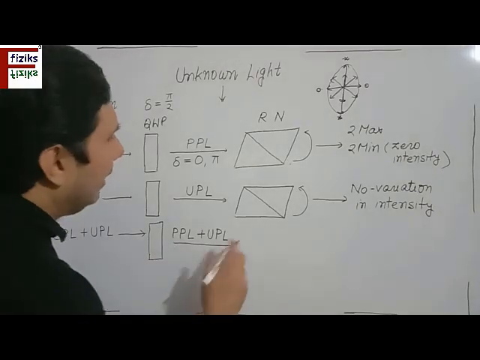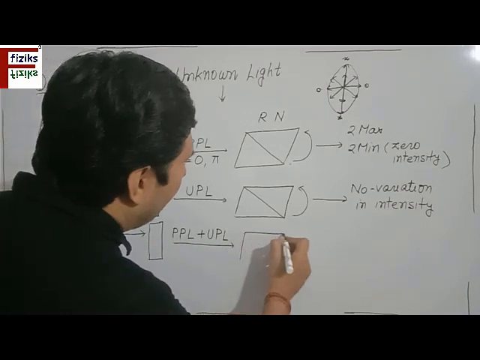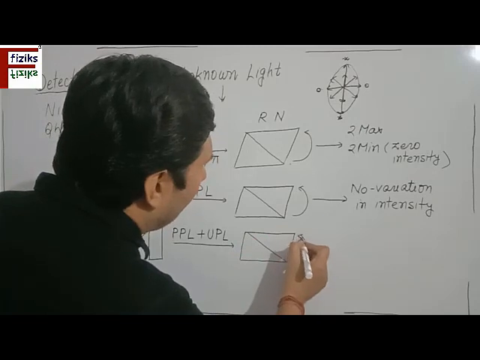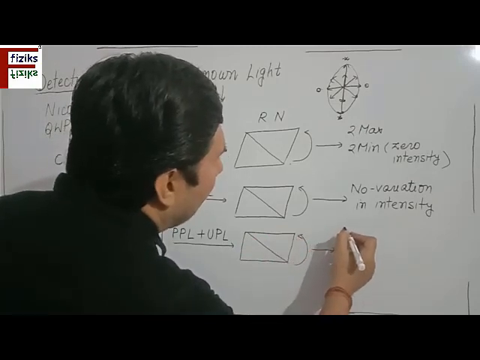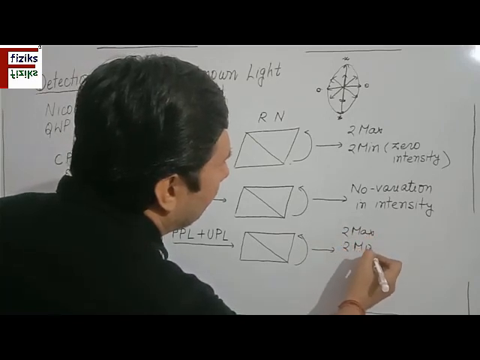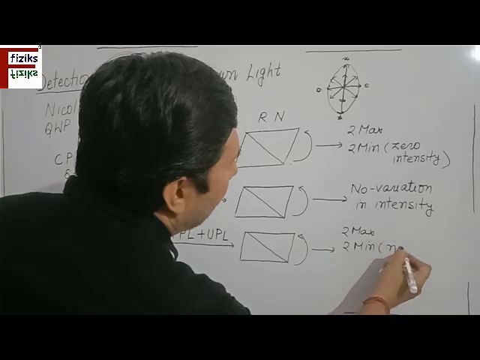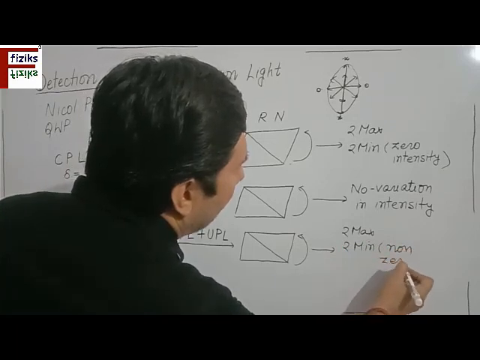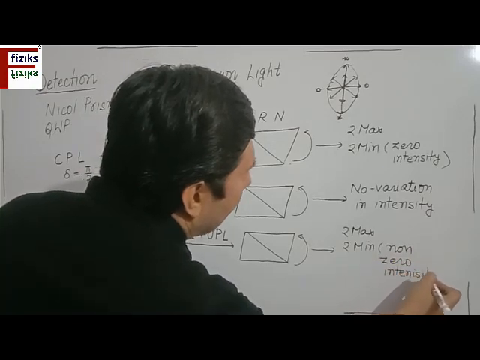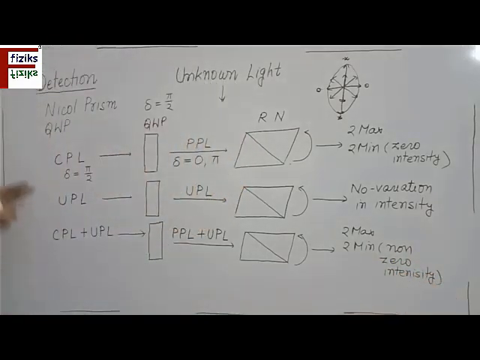So when this PPL and UPL is passed through the rotating Nicol, then on the emergent side we will get two maxima and two minima with non-zero intensity. So this will be the condition when these three polarized lights pass through a combination of quarter wave plate and rotating Nicol.